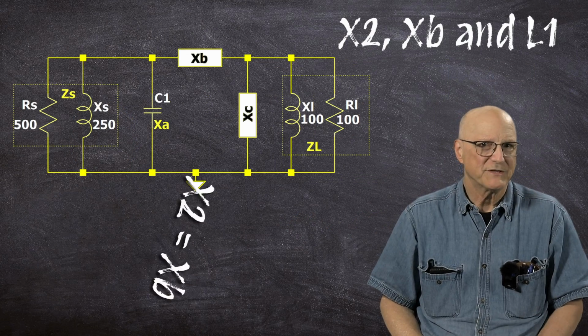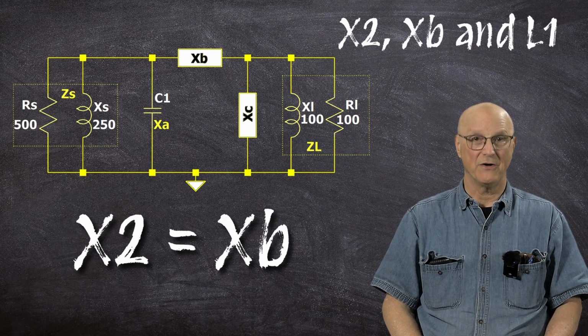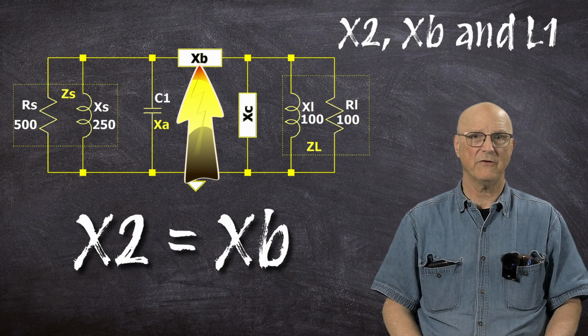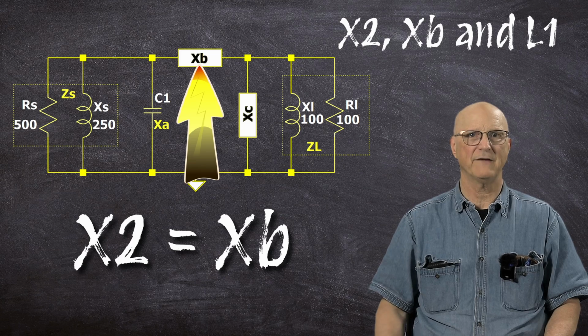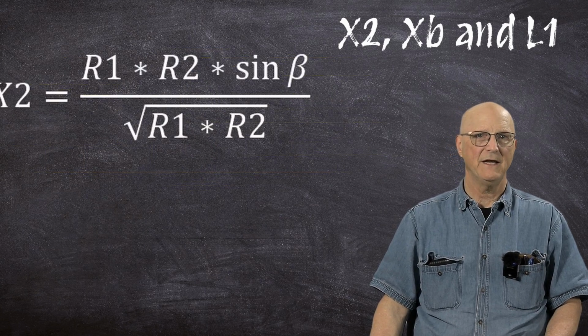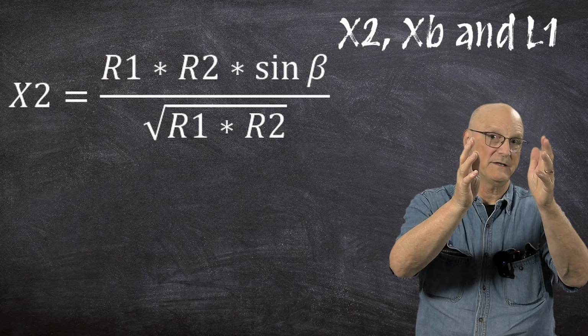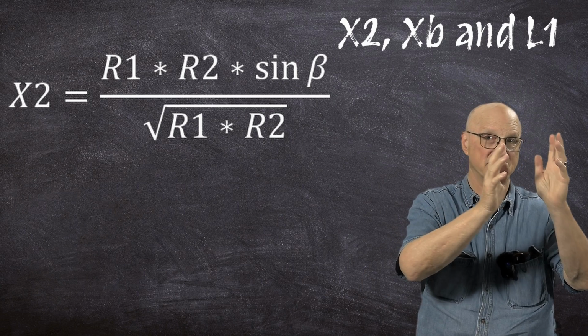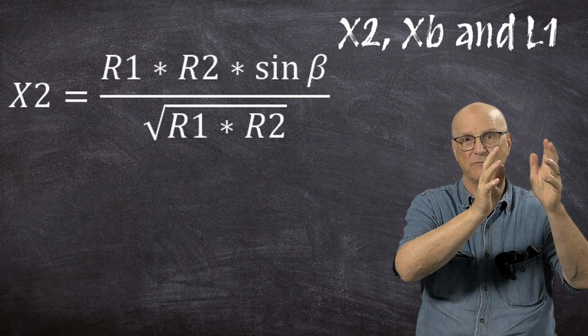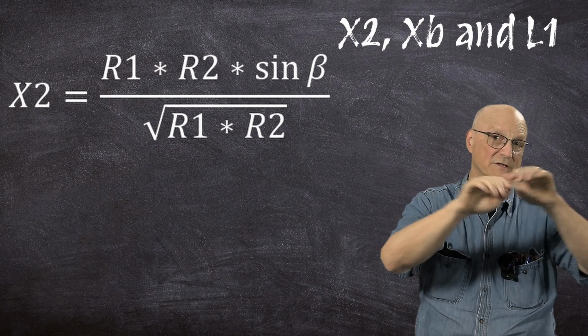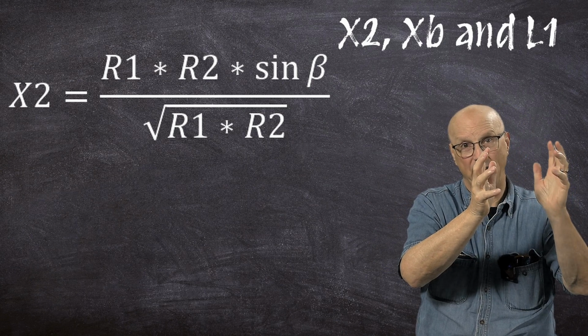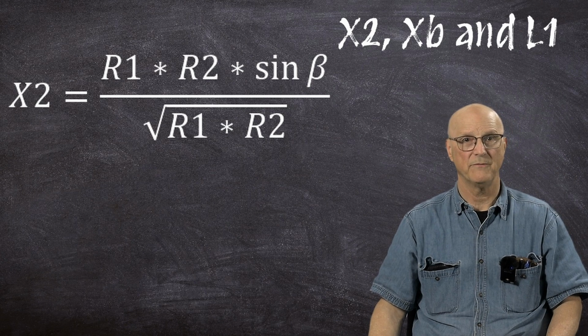Well, the good news is that X2 is also XB, the series component in the middle of the pi configuration. Here is the equation for X2. We have R1 times R2 times the sine of the phase angle beta divided by the square root of the quantity R1 times R2.